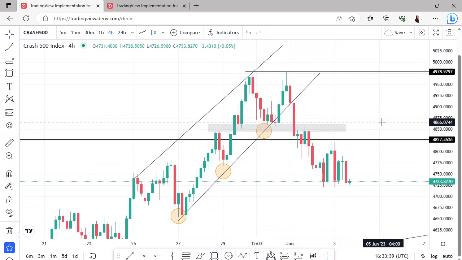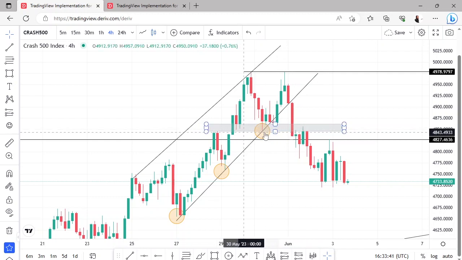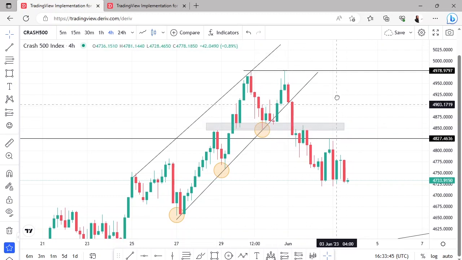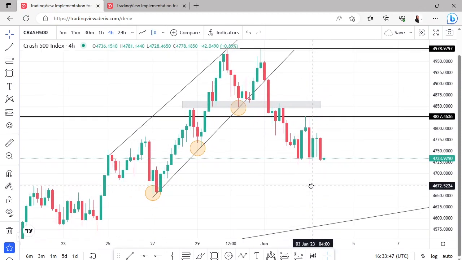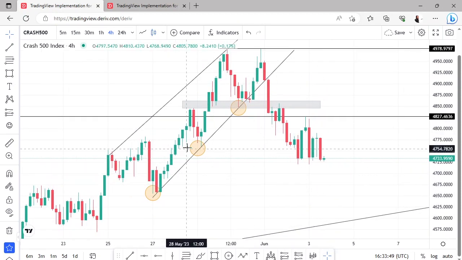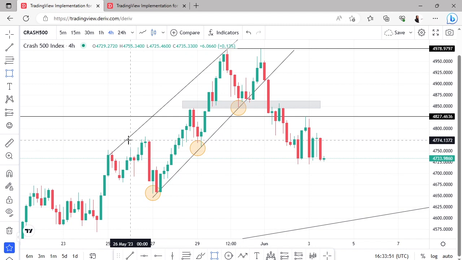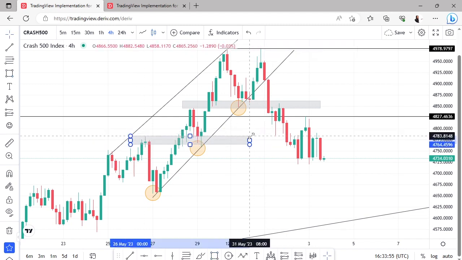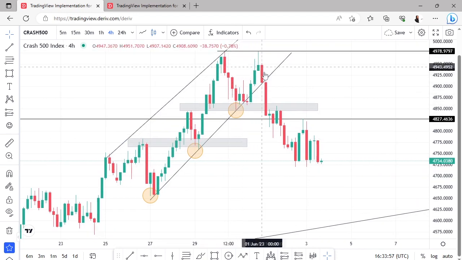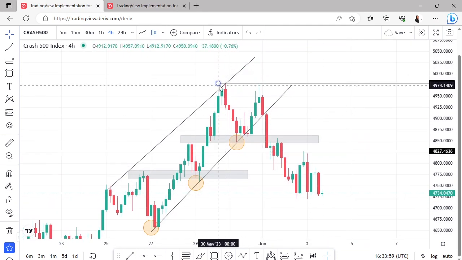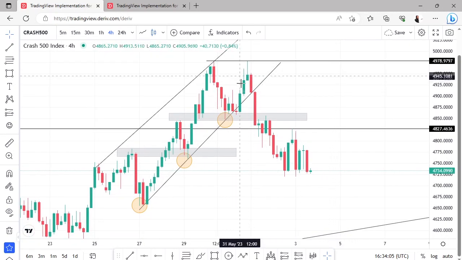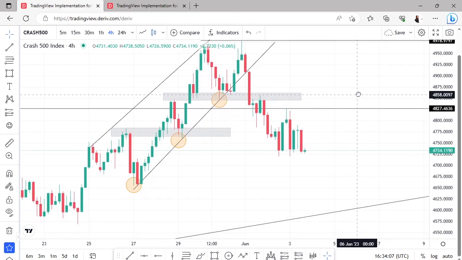So the minute the market broke this rectangular, this zone over here, we knew that it was supposed to sell, because it has been respecting the higher lows. And the minute it also gave us a downward top, it failed to create another higher high. We knew that the market is coming down to break this area.